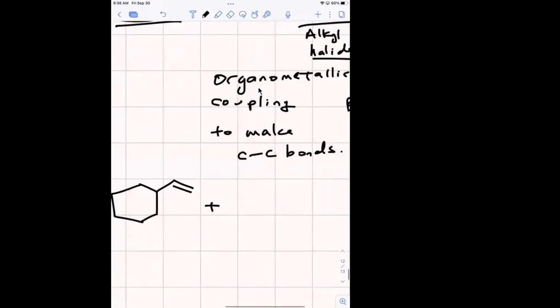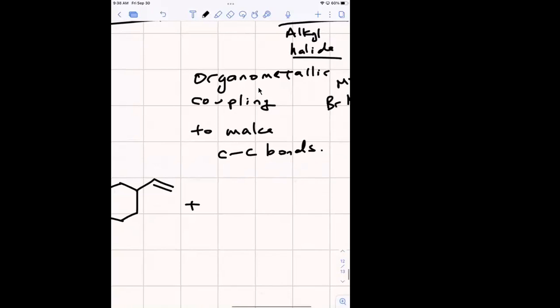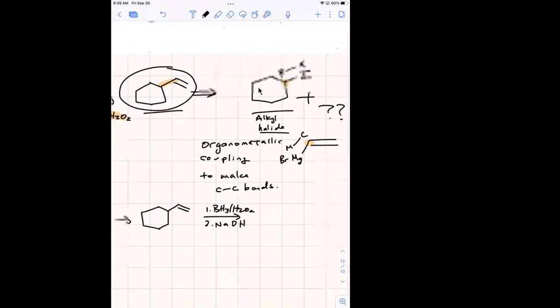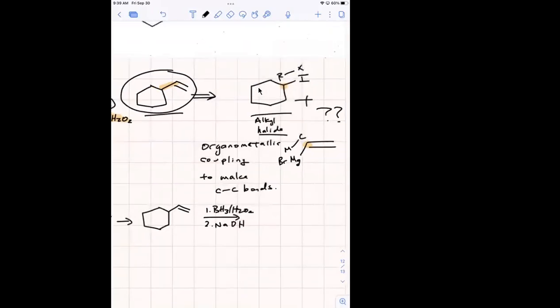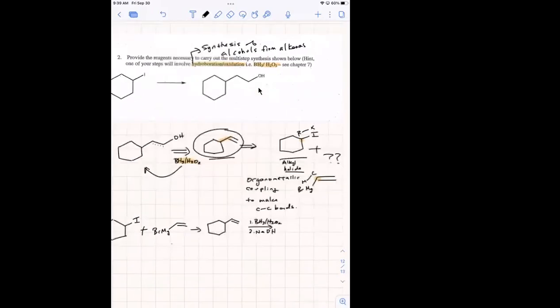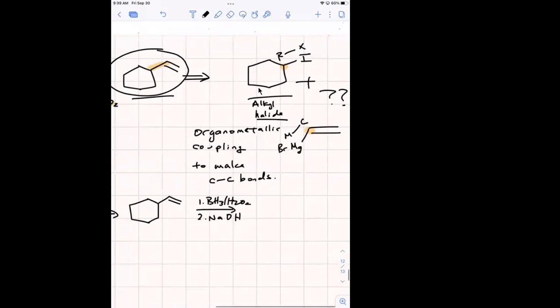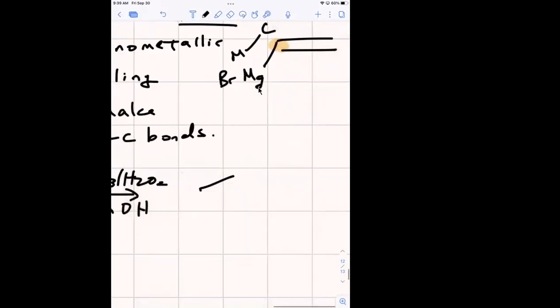And then to that, I'm going to add, well, actually, I'm not going to put a plus sign, I'll put an arrow, because this is two steps, BH3, H2O2, and then H. All right, that's going to give me my product, the alcohol.